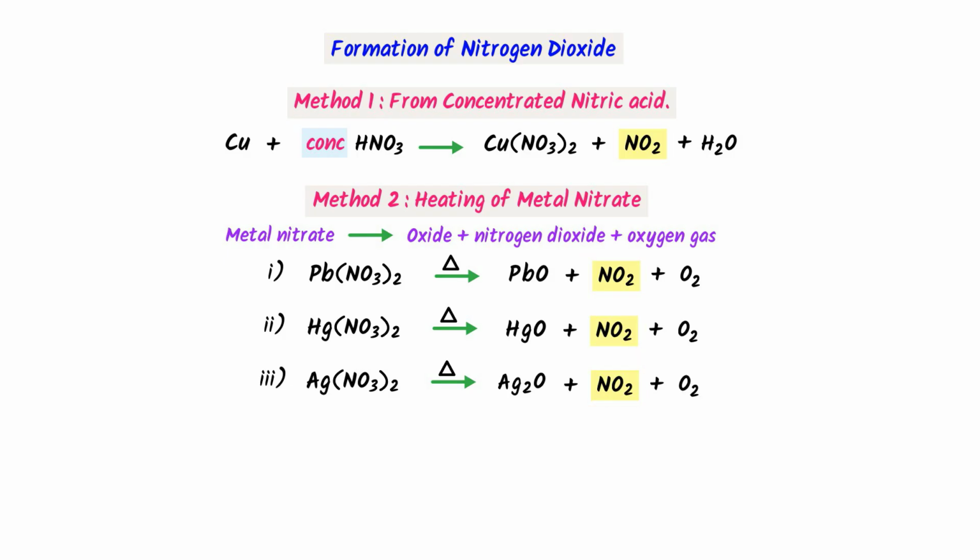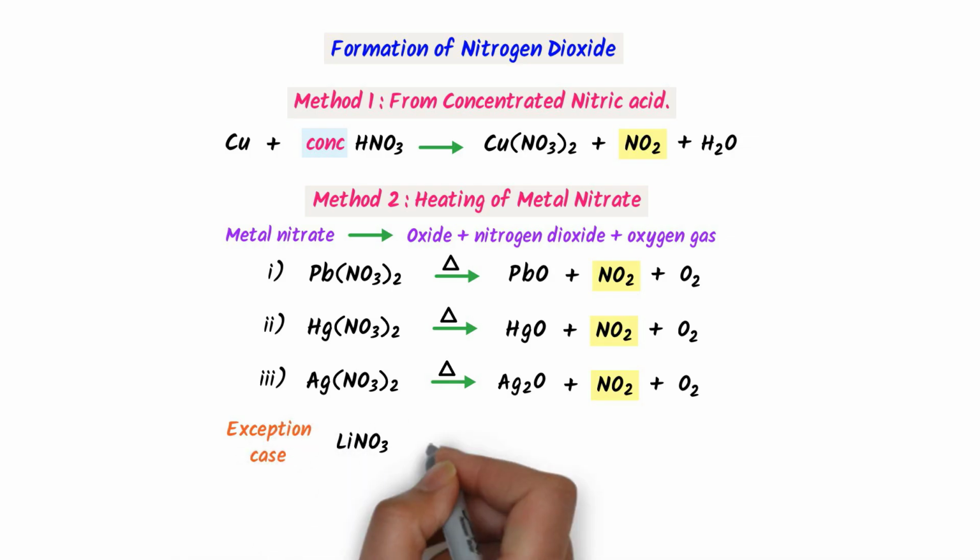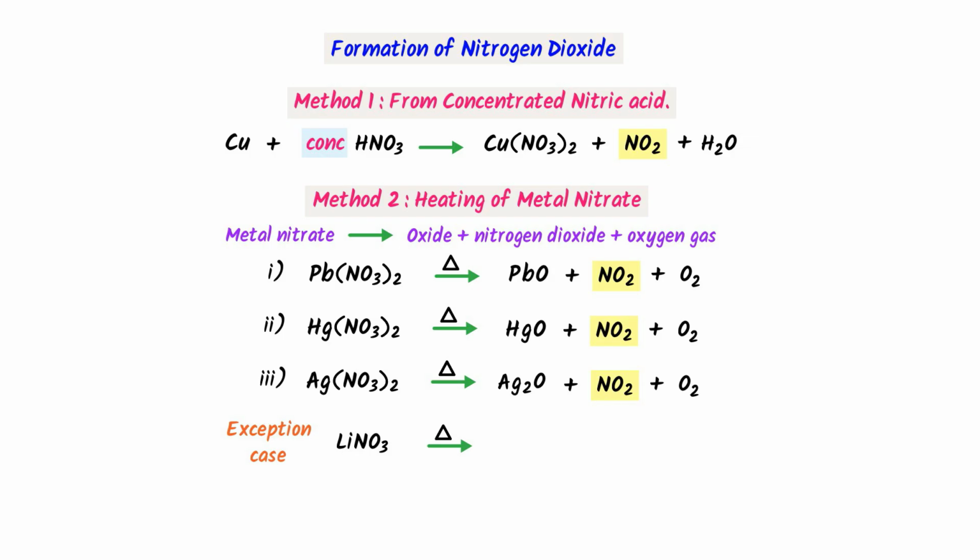Also note down this exception case. In the first group, only lithium nitrate gives nitrogen dioxide gas. No other nitrate of first group elements gives nitrogen dioxide gas. I mean, lithium nitrate is heated.